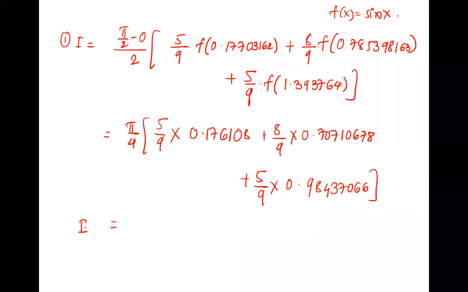Pi by 4 into bracket, 5 by 9 into 0.176108, plus 8 by 9 into 0.707100678, plus 5 by 9 into 0.98437066, bracket complete.